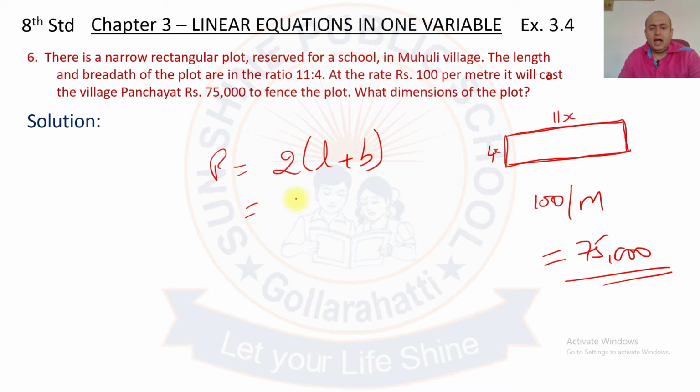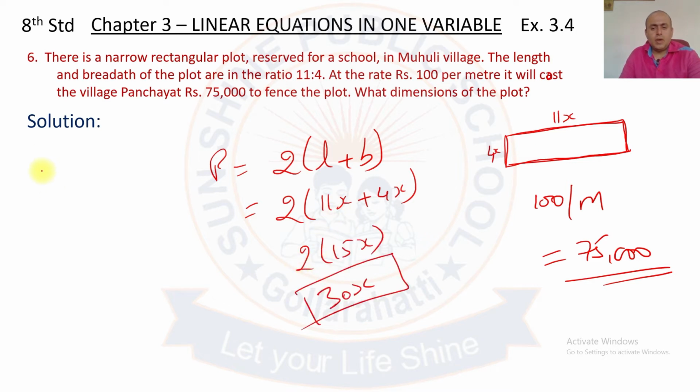Therefore I'll take 2 into (11x plus 4x), adding length and breadth. Perimeter into 100 rupees is equal to 75,000 cost. So perimeter multiplied by 100 rupees per meter gives the total cost of fencing, so the 75,000 total cost comes.